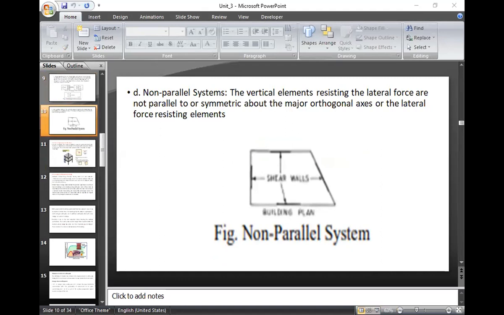Okay, last point, which is the non-parallel system. The vertical elements resisting the lateral force are not parallel to or symmetric about the major orthogonal axis of the lateral force resisting element.